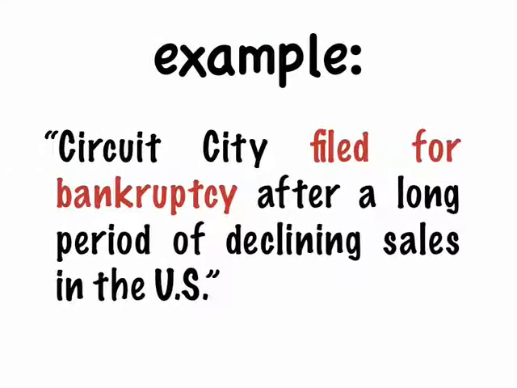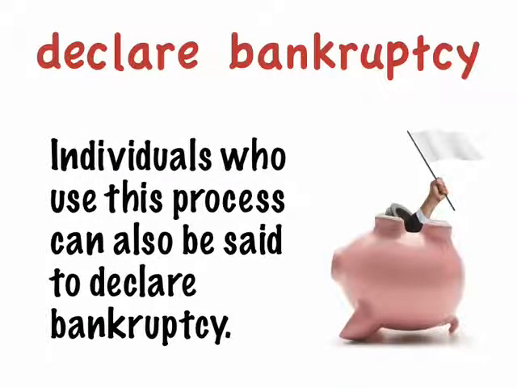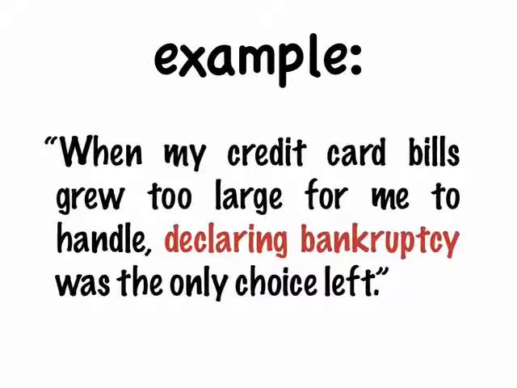Circuit City filed for bankruptcy after a long period of declining sales in the U.S. Individuals who use this process can also be said to declare bankruptcy. When my credit card bills grew too large for me to handle, declaring bankruptcy was the only choice left.